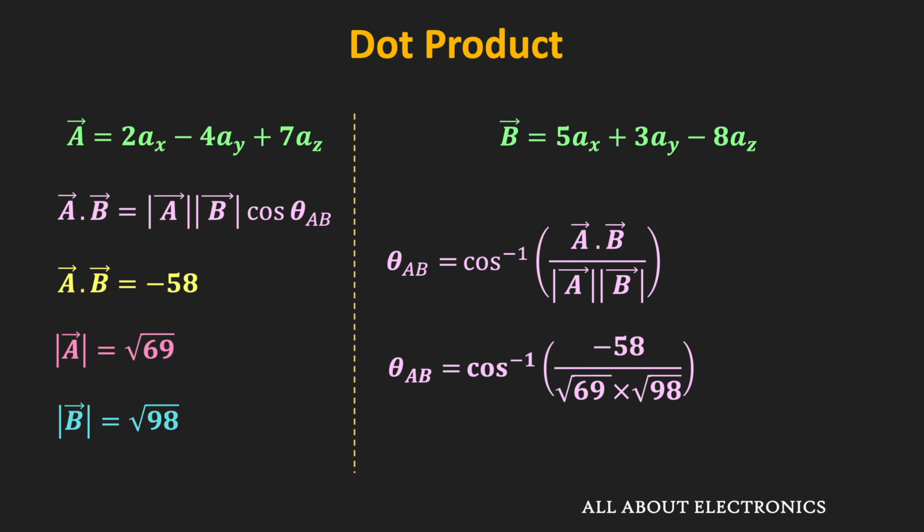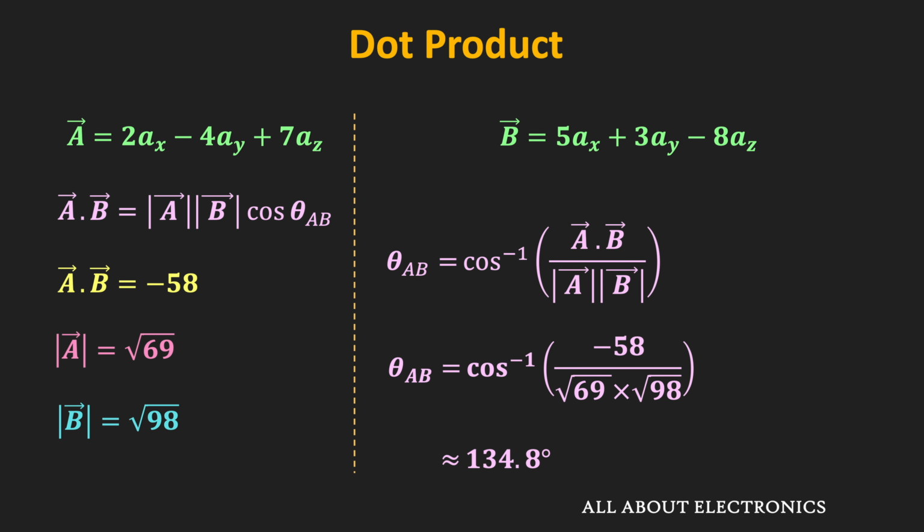If we further simplify it, then theta AB will come out as 134.8 degrees. From this we can say that the angle between the given two vectors is equal to 134.8 degrees. In this way, with the help of the dot product, we can find the angle between the two vectors.